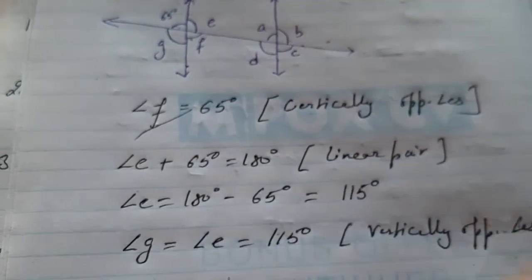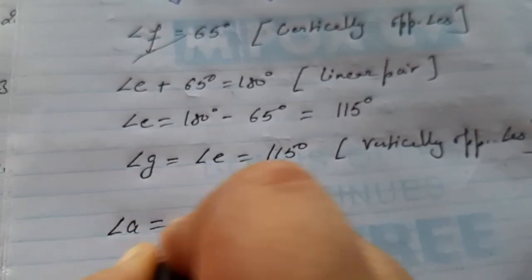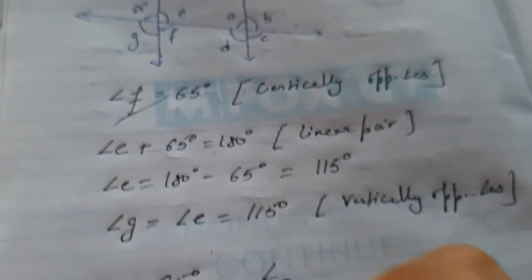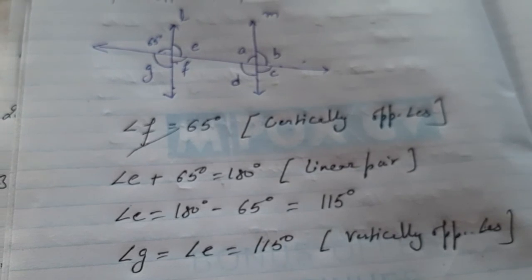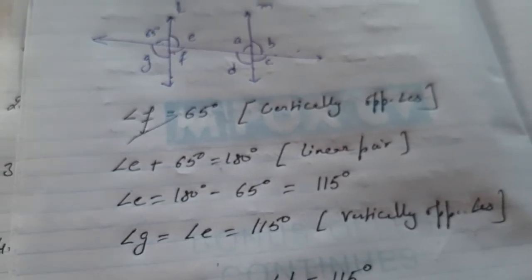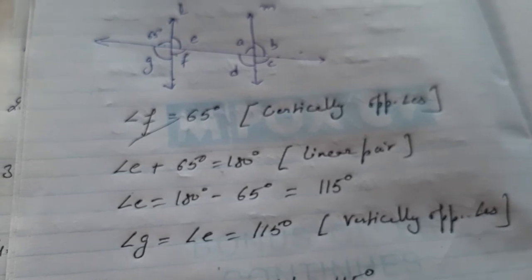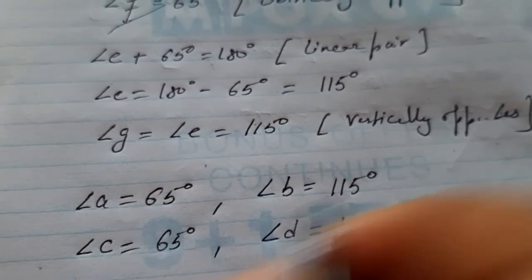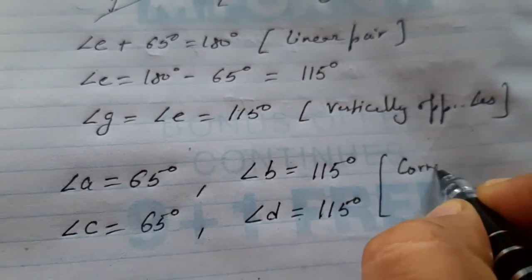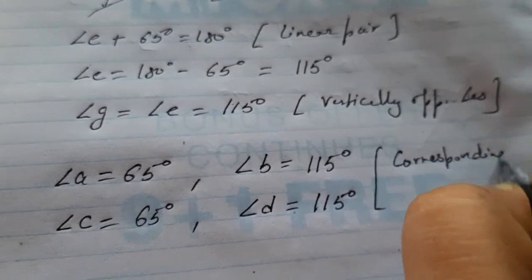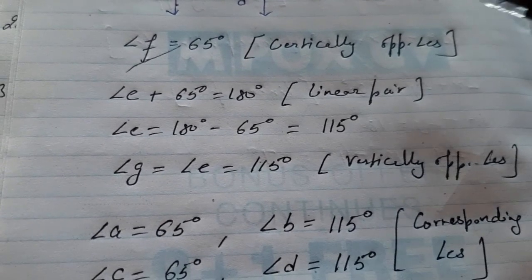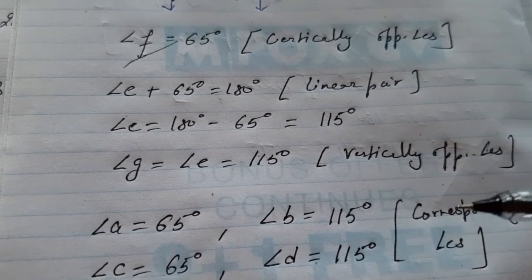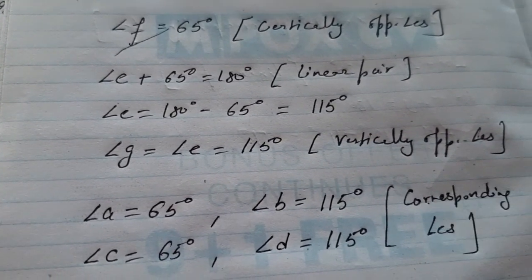So angle A is 65 degrees, angle B is 115, angle C is 65 and angle D is 115. All of these have the reason of corresponding angles. So we have used the main results here: vertically opposite, linear pair and corresponding angles. I hope you understand it. Thank you so much.